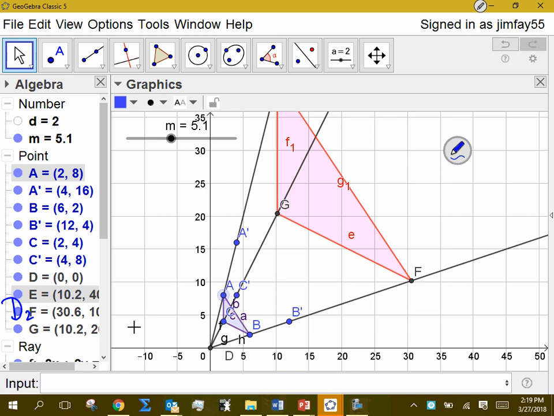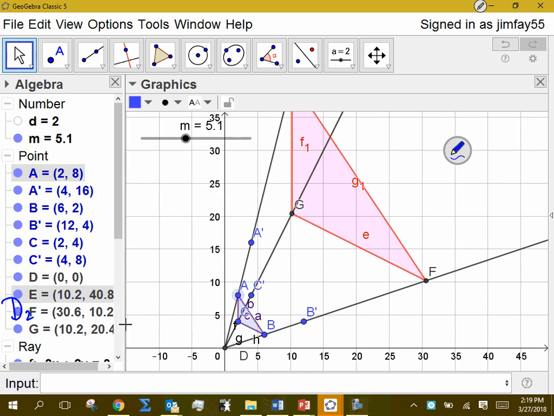You see M up there, my scale factor is set at 5.1, right? Or if I take the 8 divided by, I don't know what it's got there, E is 40.8. If I take 8, put it into 40.8, it's going to go in 5.1 times. So that's how you can determine the scale factor given the picture.